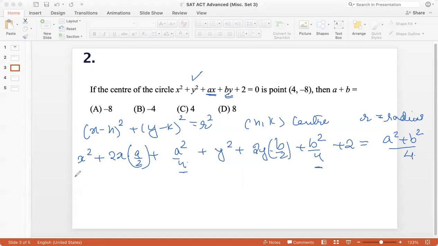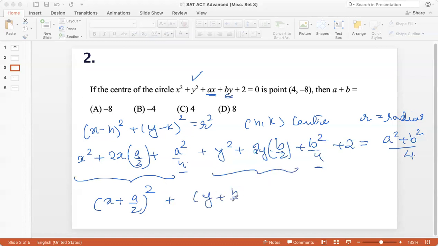Now these three terms will become (x plus a by 2) the whole squared, and these three terms will become (y plus b by 2) the whole squared is a squared plus b squared by 4.